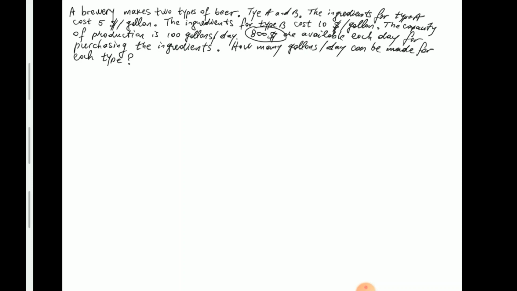So when they go to purchase the ingredients for a given day, whatever the combination can be made, the cost cannot exceed $800 because that's how much they have available. No matter what combination of beers of each type they can do, altogether that cannot go above 100 gallons per day. So this should be clear from the beginning that the problem will lead to inequalities. How many gallons per day can be made for each type? So that's the question in the problem.